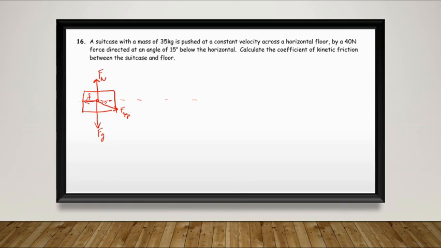And it says that it's being pushed at constant velocity. So in this case, the sum of forces in our x direction equals 0 because it's a constant velocity. The sum of forces in the x direction is equivalent to the force applied in the x direction minus the force of friction. We know that our force of friction is equal to our coefficient of friction times our normal force.